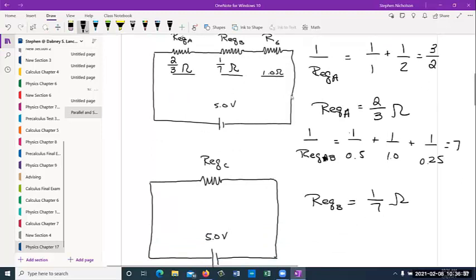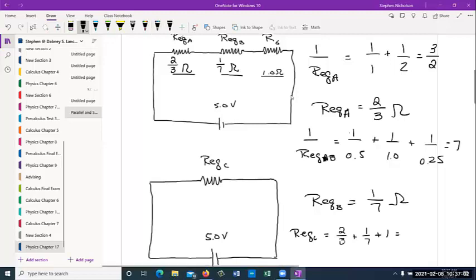So equivalent resistance C is just going to be 2/3 plus 1/7 plus 1, and put that as a fraction. Go ahead and stick that in the window. You don't take the reciprocal in this case.